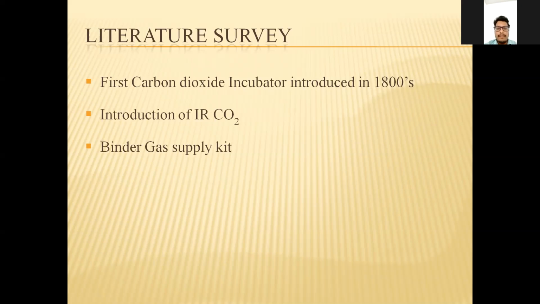As time went on, there were many evolutions in the field of incubators by companies like Shell Lab, NBS, and so on. In the year 2008, a company called Caron developed the world's first carbon dioxide incubator which was fully automatic and could clean the incubator within a night.